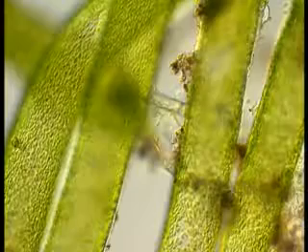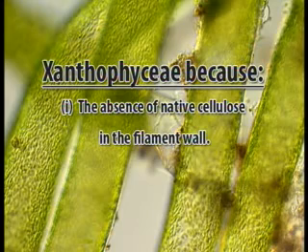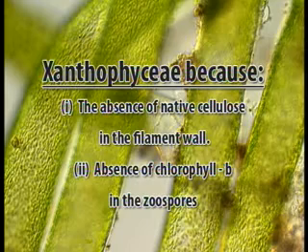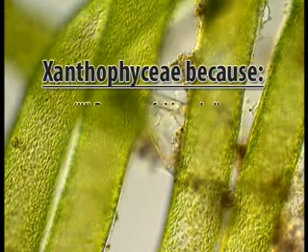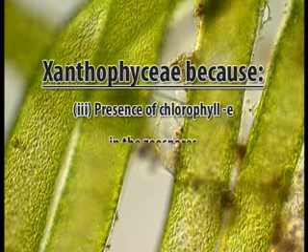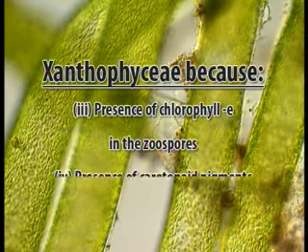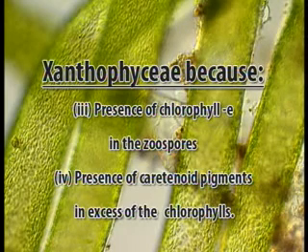The arguments advanced in favor of this are: number one, the absence of native cellulose in the filament wall. Number two, absence of chlorophyll b and presence of chlorophyll e in the zoospores of Vaucheria, a pigment characteristic of class Xanthophyceae. Presence of carotenoid pigments in excess of chlorophylls.